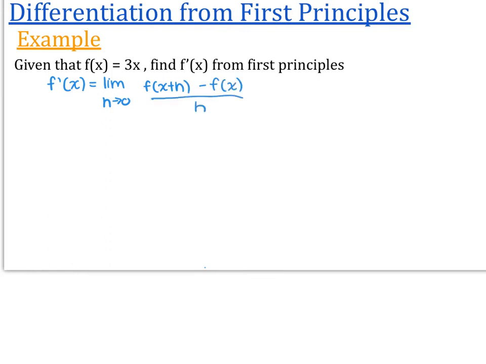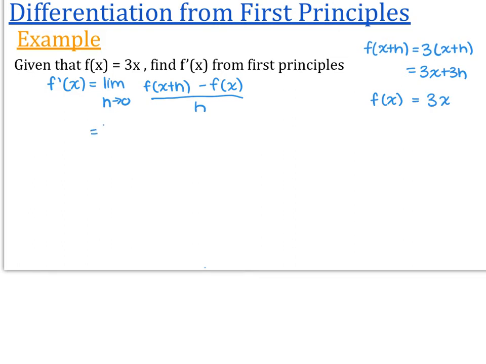And then again in the corner, I'm going to write what I need to find. So f of x plus h is going to be 3 times x plus h, which is going to be 3x plus 3h. And f of x from the question is just 3x. Now that I know that, I can go ahead and fill both of those in.